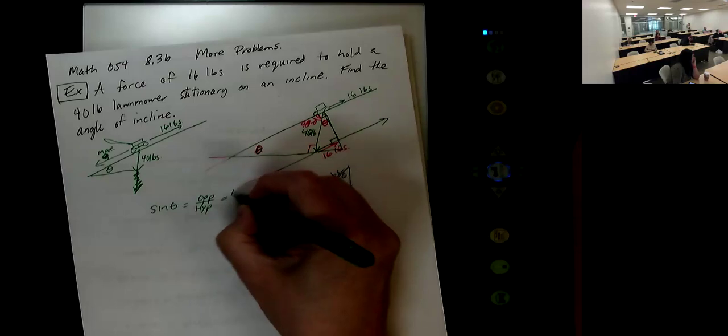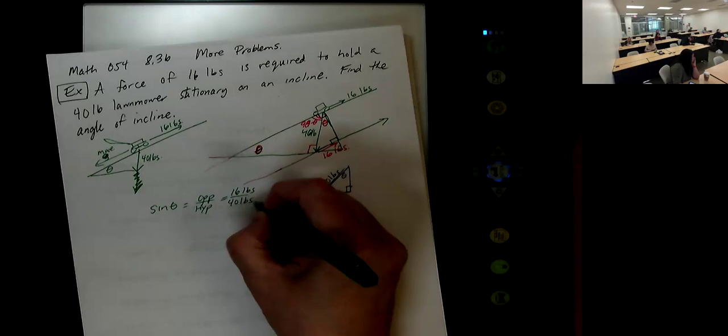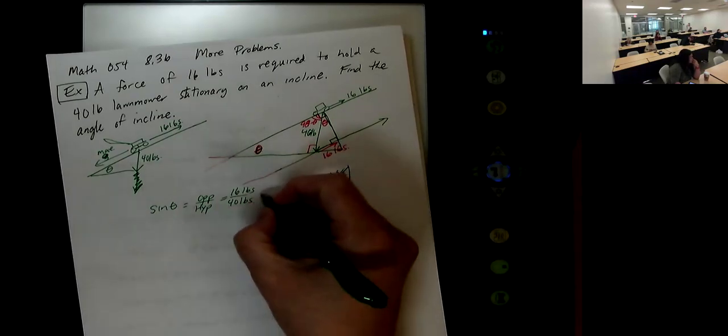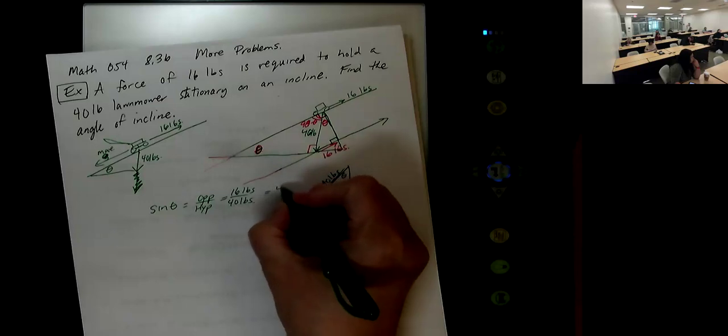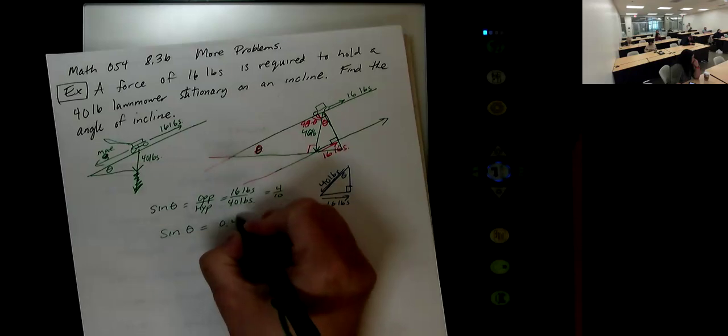So 16 pounds of force over 40 pounds of force. What is that? 0.4? 4 reduces to 4/10. Yeah, 0.4. So sine theta equals 0.4.